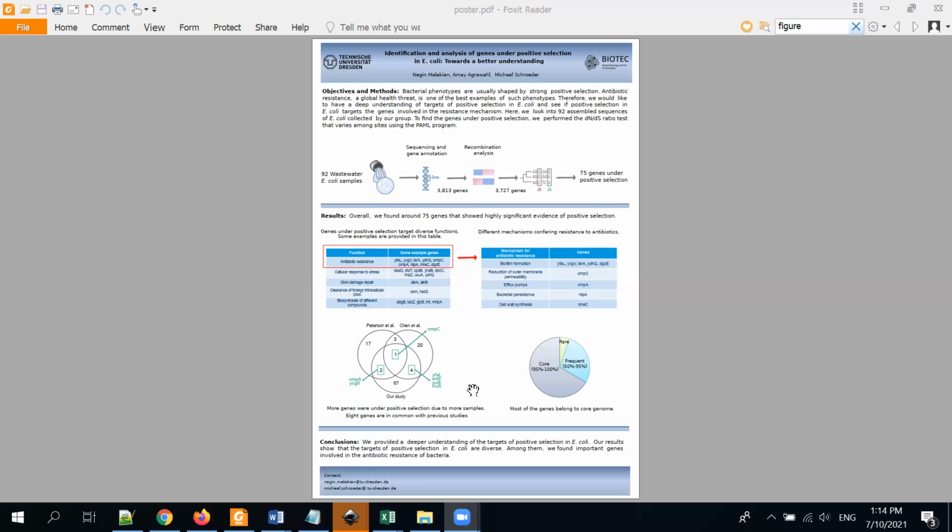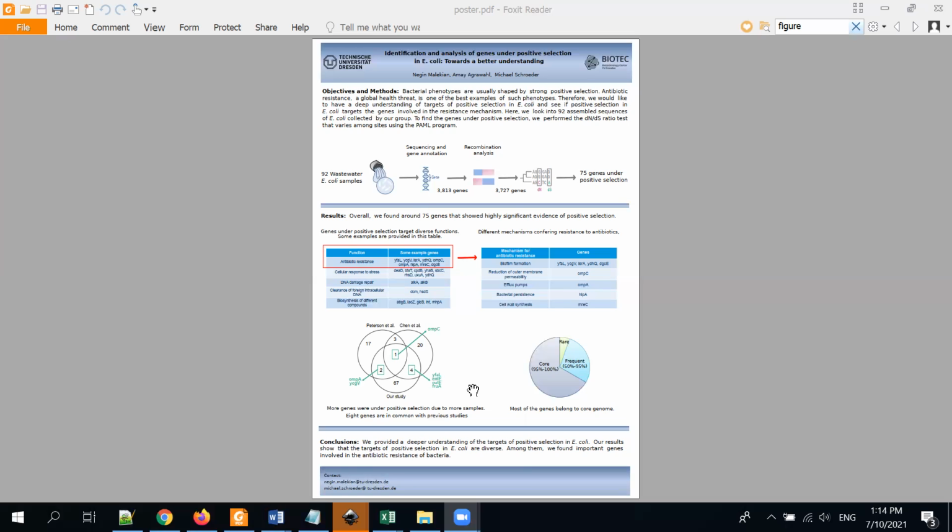And in total, we found more genes under positive selection, more likely because we had more samples. In their study, they had around, I guess, 6 or 7 samples, but here we have 92 samples. So that is why we found more genes under positive selection.